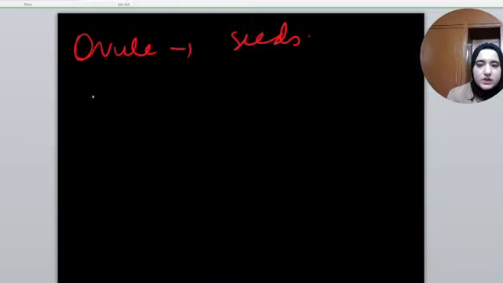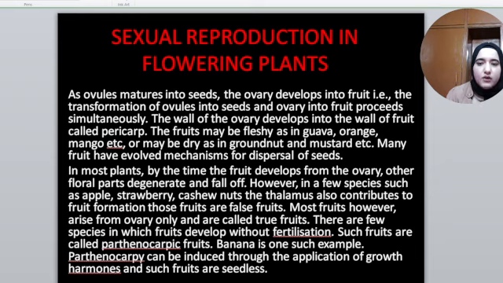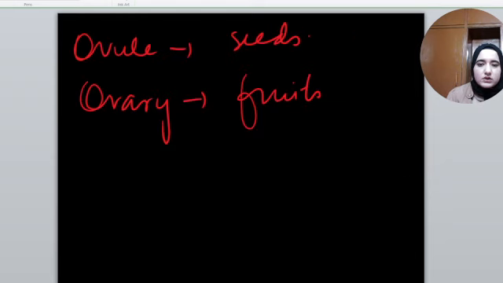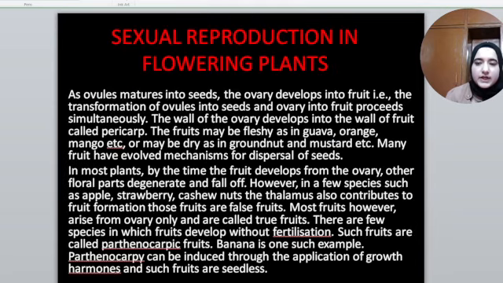Now, as we know, ovules mature into seeds and ovary matures into fruits, right? What will happen? These seeds and fruits will develop simultaneously.